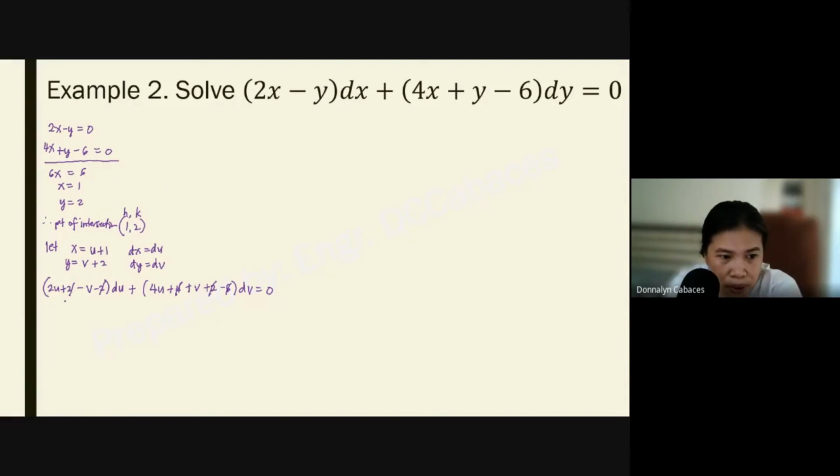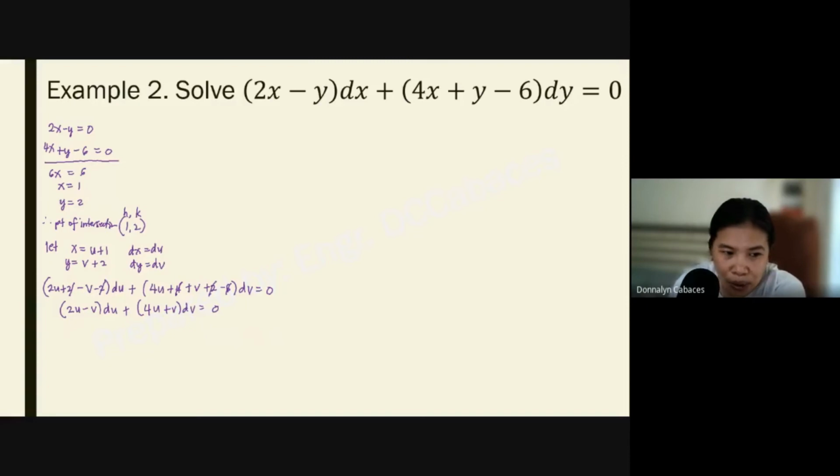So the resulting equation now is (2u minus v) du plus (4u plus v) dv equals 0. Now what is this equation? Again, obviously, it is homogeneous of degree 1 in u and v.